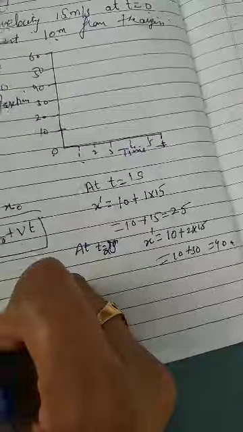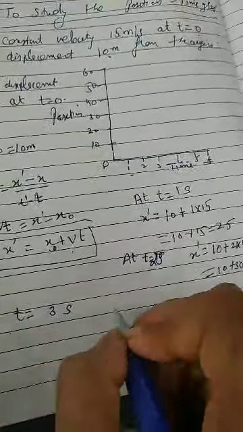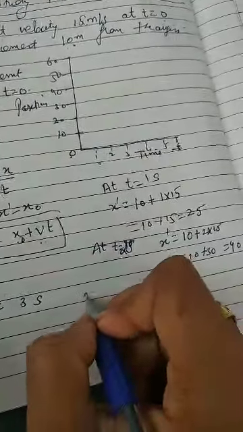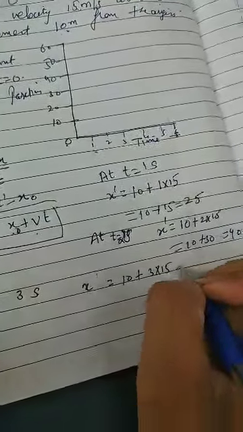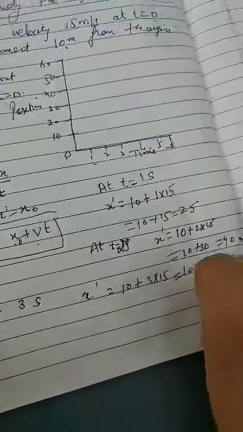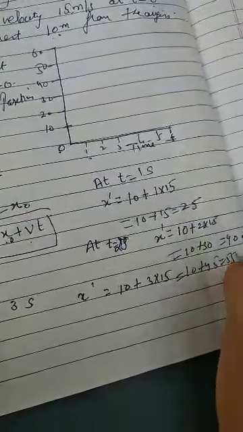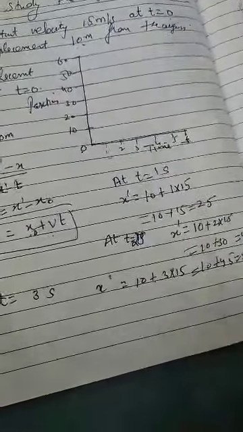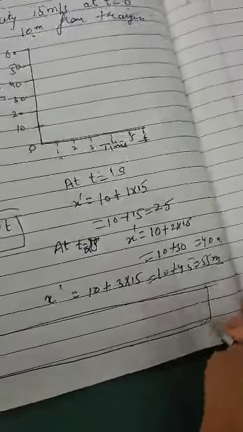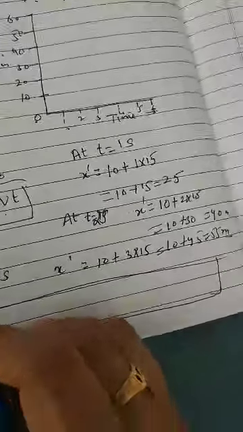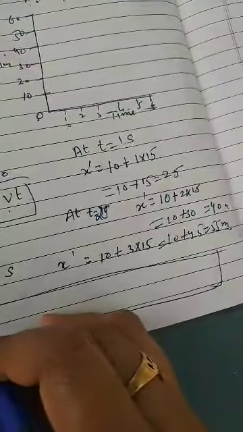Next, at t is equal to 3 second, x dash is equal to 10 plus 3 into 15, or it is 10 plus 45, which is equal to 55. Up to so on we will put the values, like in mathematics we find the values of x and y. Here we have time and position.